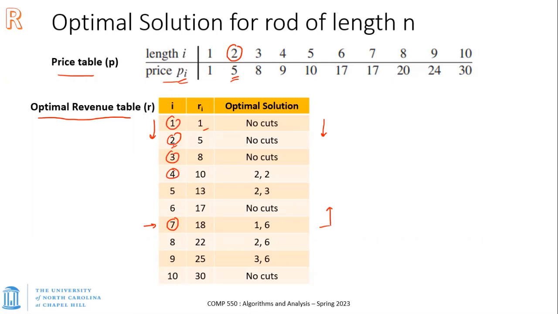When you need to compute the optimal solution for a rod of size 2, it depends on solutions to problems of size 1. Similarly, the optimal solution for size n comprises optimal solutions to size n minus 1 or smaller.